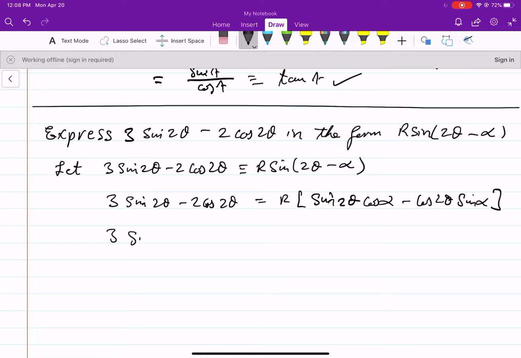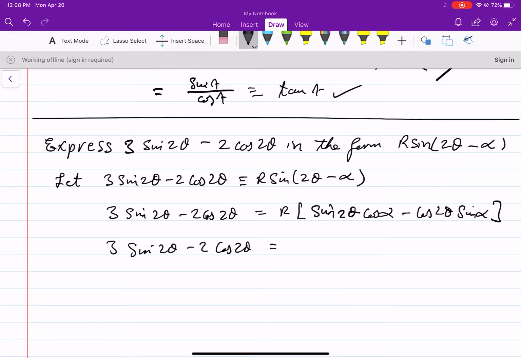3 sine 2 theta minus 2 cos 2 theta is equal to, we're going to put the, by the way, in these expressions, r is always greater than 0, and alpha is always between 0 and 90.